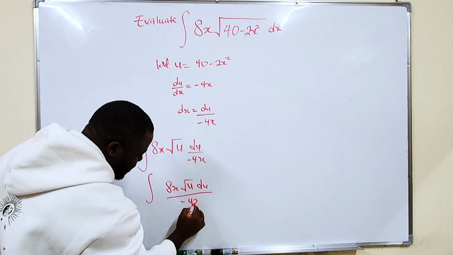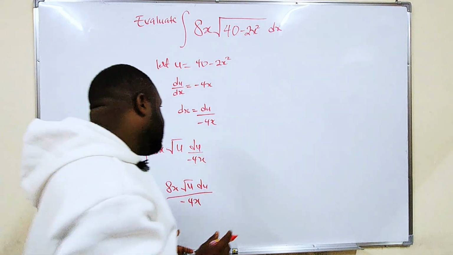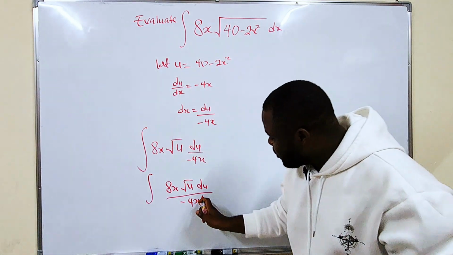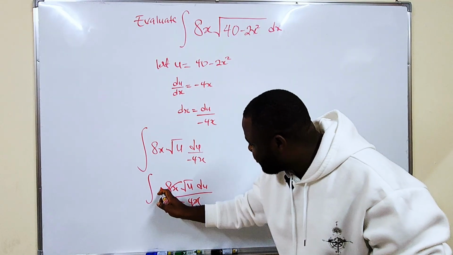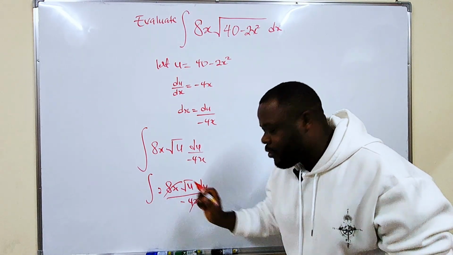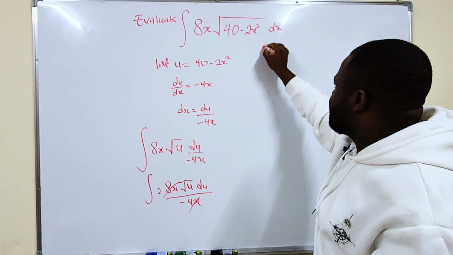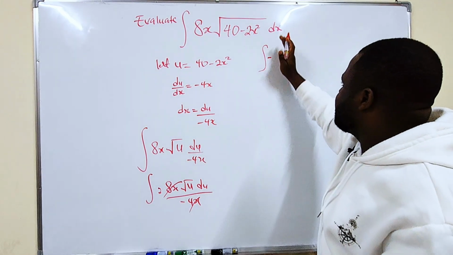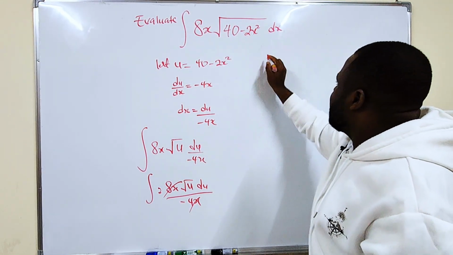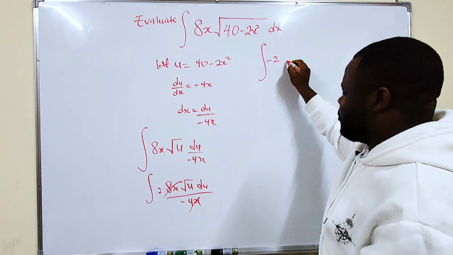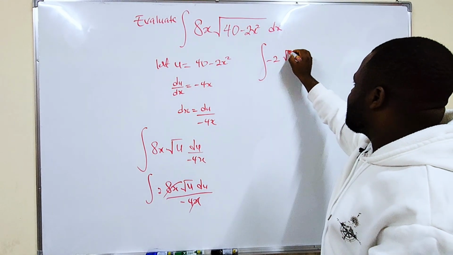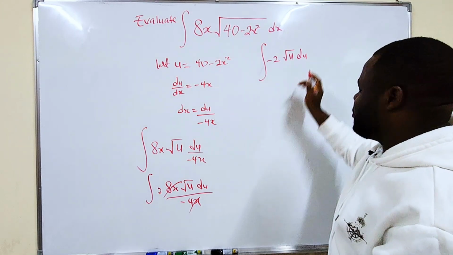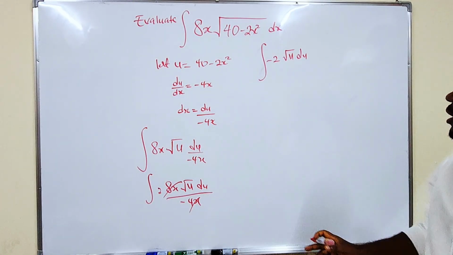Now we can cancel this x with this x. We are going to have 2 with this negative, so we have negative 2 here. If you cancel that out, you have the integral of negative 2 times the square root of u du. That is what this translates to.